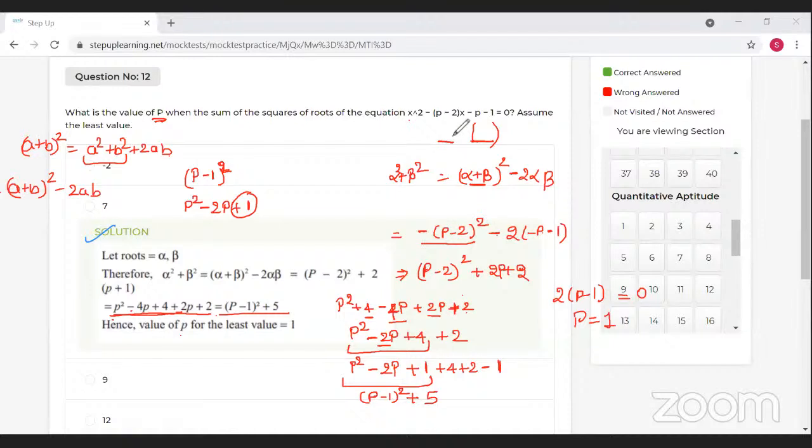People, I'll look at this question. The wordings are not so clear. Did anyone get 7 here? Yeah, Ayush. So we'll not waste our time on that.